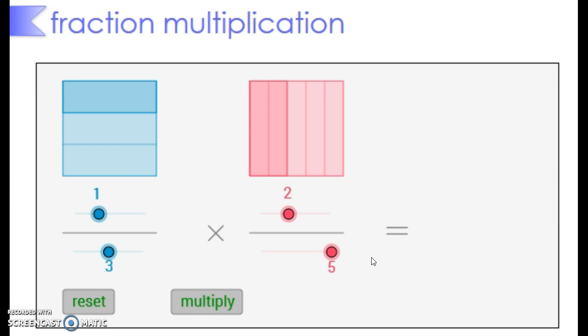When we multiply fractions, we multiply our numbers straight across. So we would take 1 multiplied by 2, giving us our numerator, and 3 multiplied by 5, giving us our denominator. Just as you can see in the past two problems.